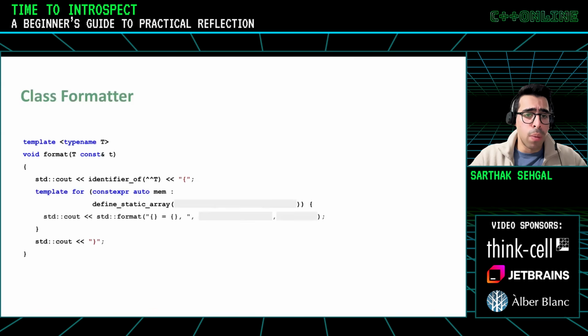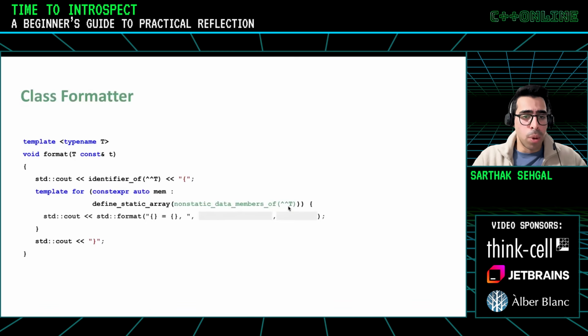The first thing we want to do is print the identifier of the class itself. The first line in the format function: the function takes a type T, say a class or a struct, and prints the identifier of the type, so it will print the name of the class. Then we want to iterate over the data members of the class. To do that, we can use non_static_data_members_of, which is again a meta function being provided.